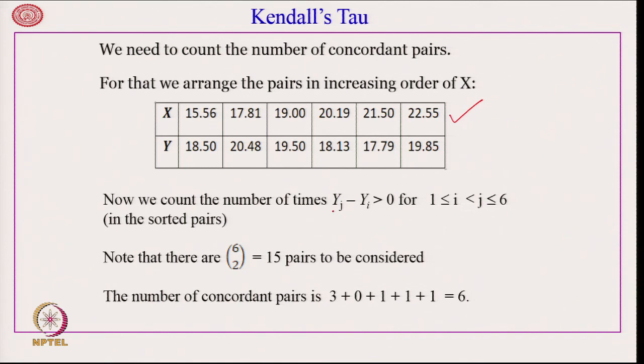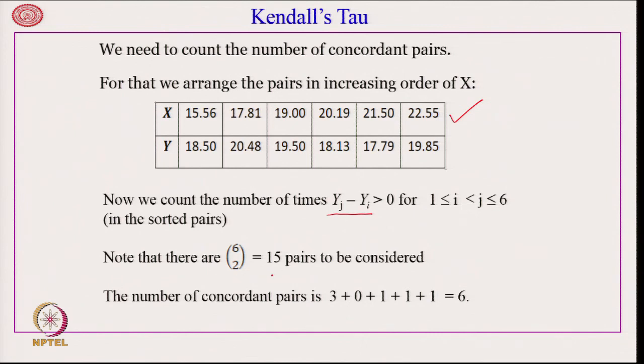Now, we count the number of times yj minus yi is greater than 0, because we always know that if j is greater than i, then xj is greater than xi. So, we are looking at yj greater than yi for 1 less than or equal to i less than j less than or equal to 6.